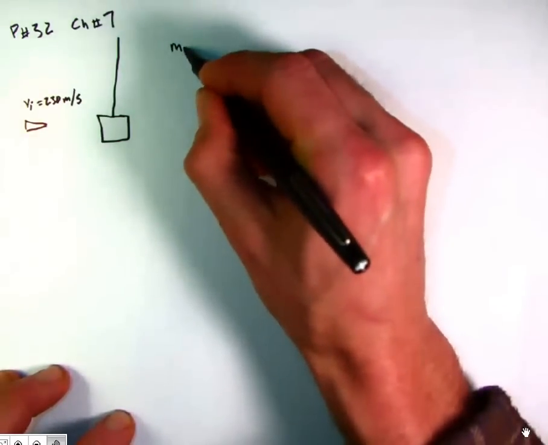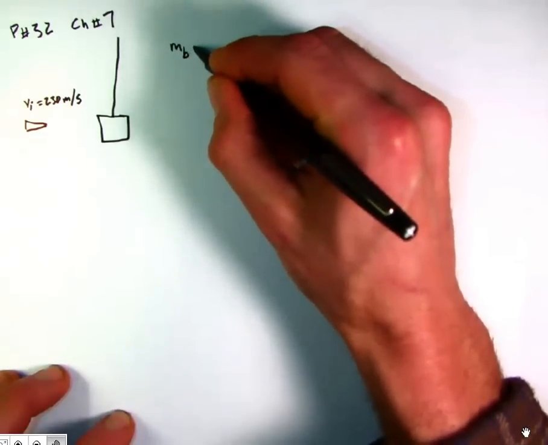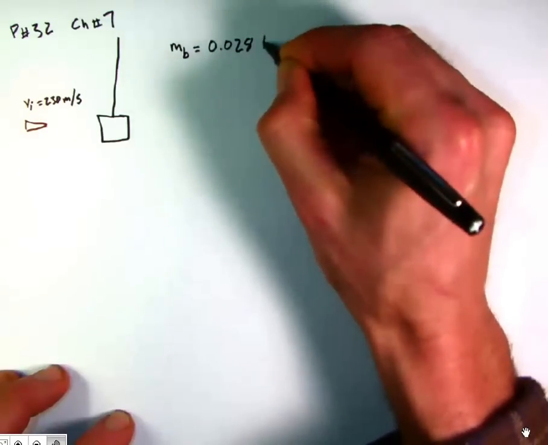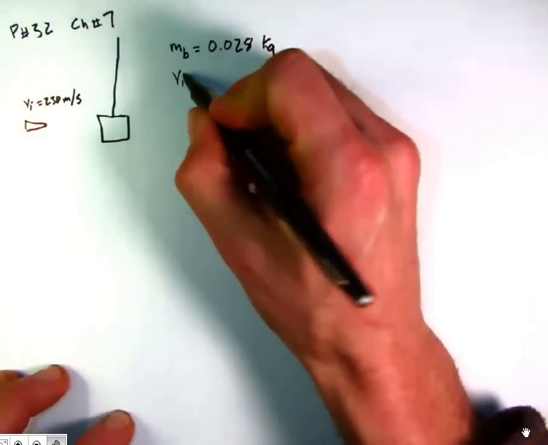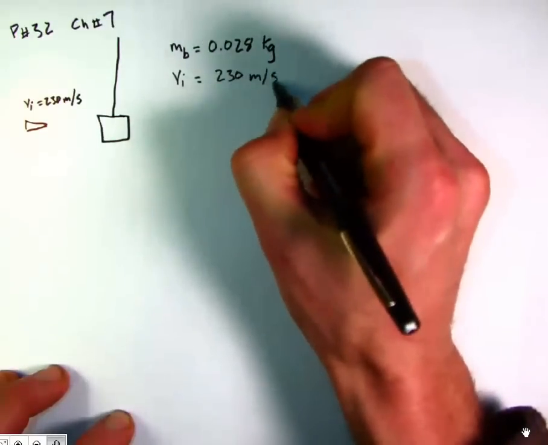So we're told that the mass of the bullet is 28 grams, or 0.28 kilograms. We're told that the initial velocity of the bullet is 230 meters per second.